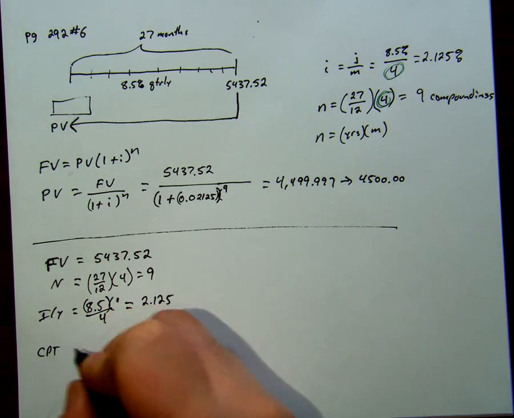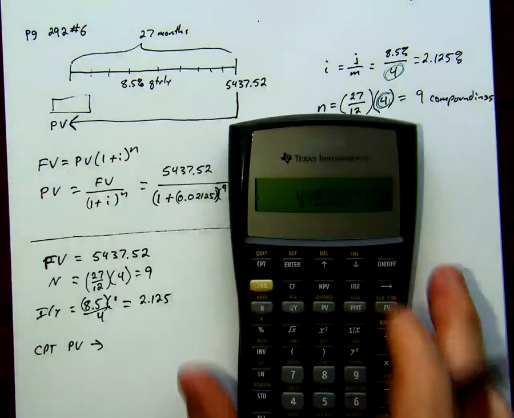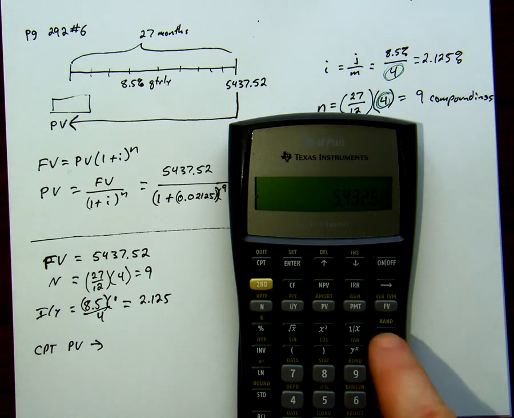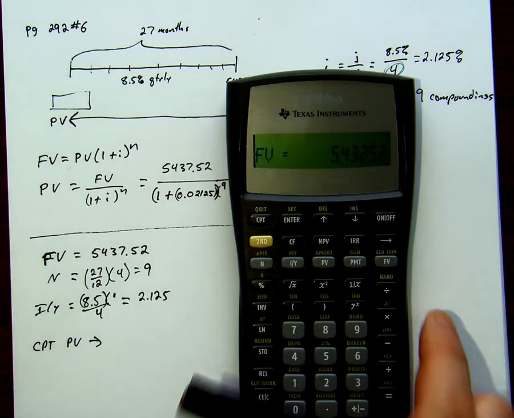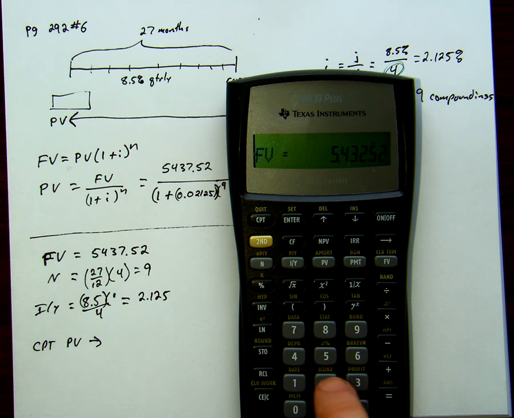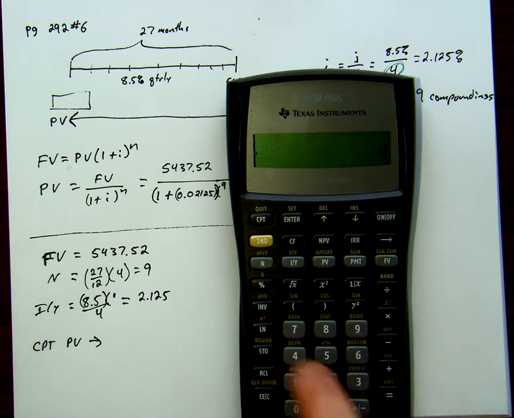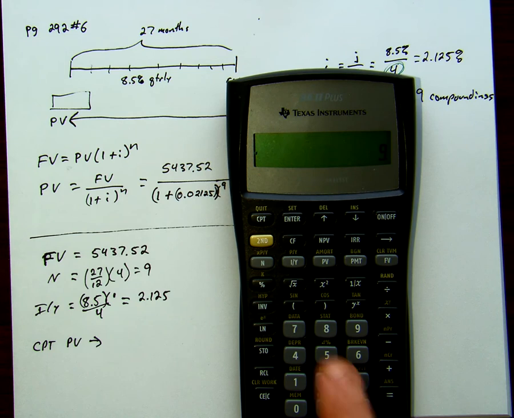And we're going to compute the present value, so let's put all this in. 5437.52 future value. We're going to say our 27 divided by 12 times 4 is 9 n.